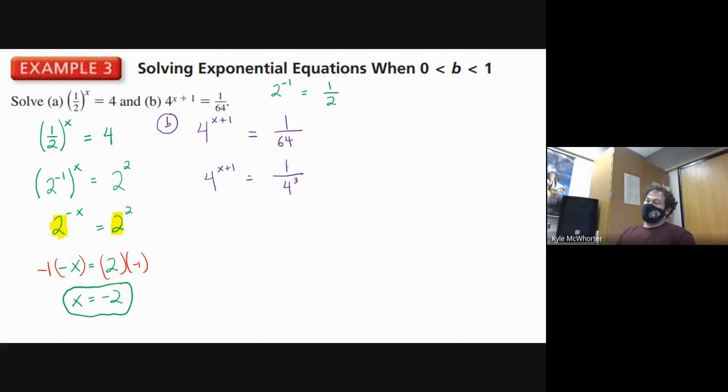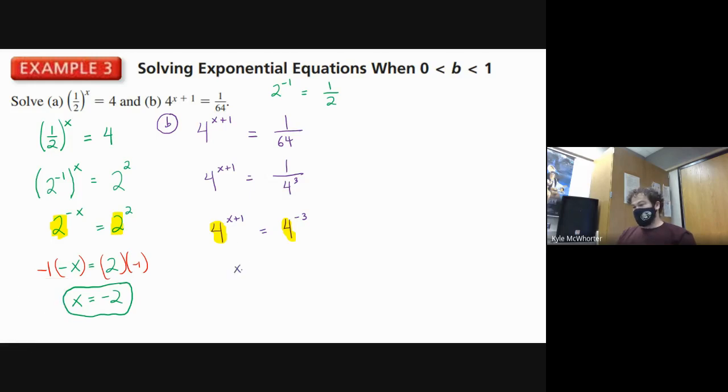And then can I write 1 over 4 to the third as just a power of 4, not a fraction? If I bring the base up, what does that do to the exponent? Just makes it negative. So if I bring the base up, this would be 4 to the negative 3. And now we've got the same base on each side, so we can set the exponents equal.